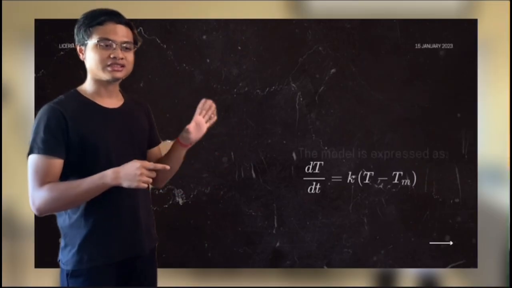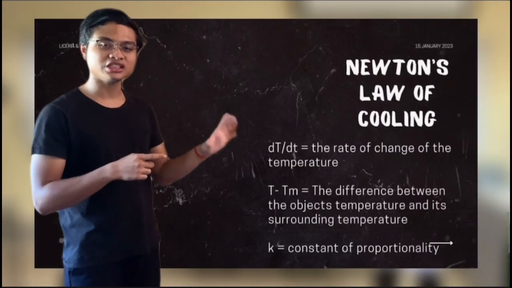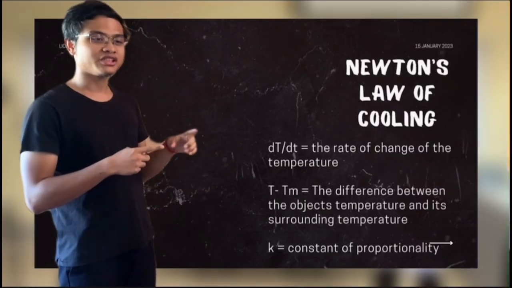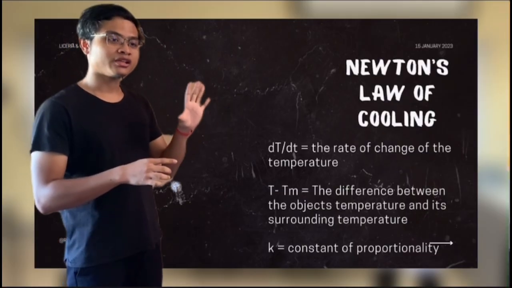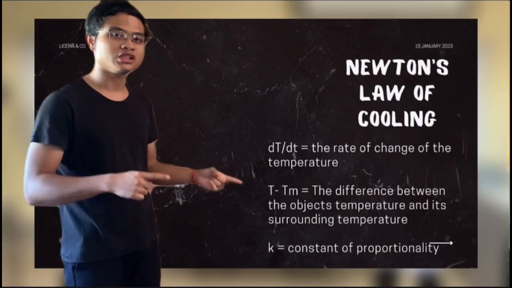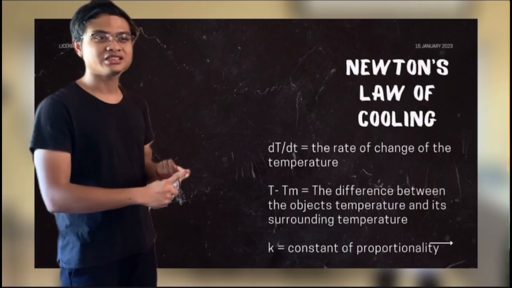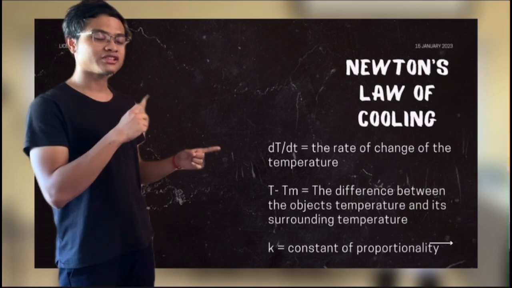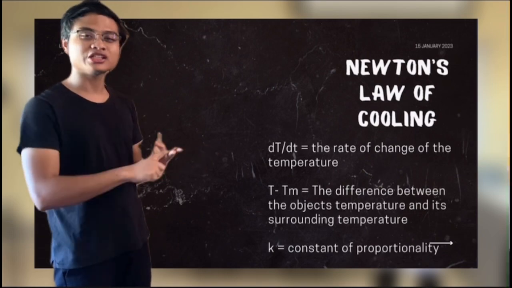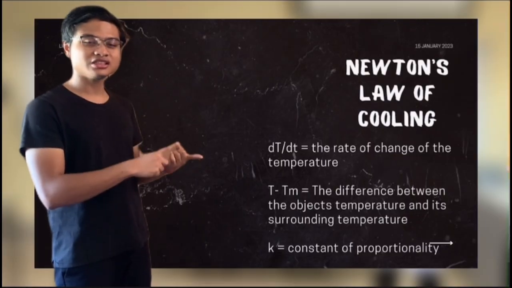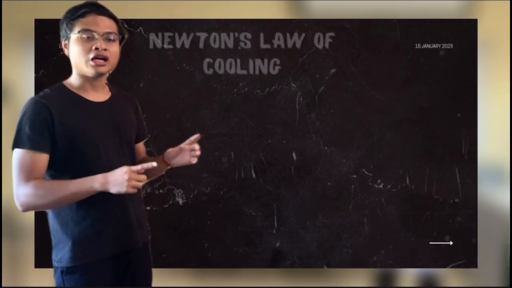But I will tell you what dT over dt is. That is the rate of change of the temperatures, and T minus Tm is the difference between the temperature of the object, in this case the dead body's temperature, and the surrounding temperature. And k is the constant of proportionality.